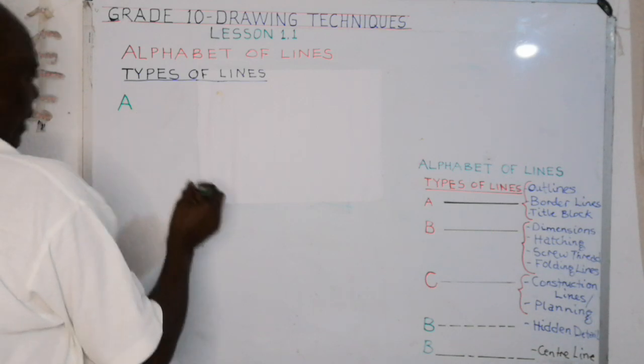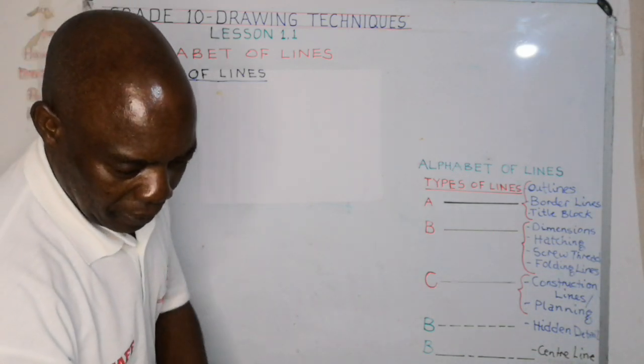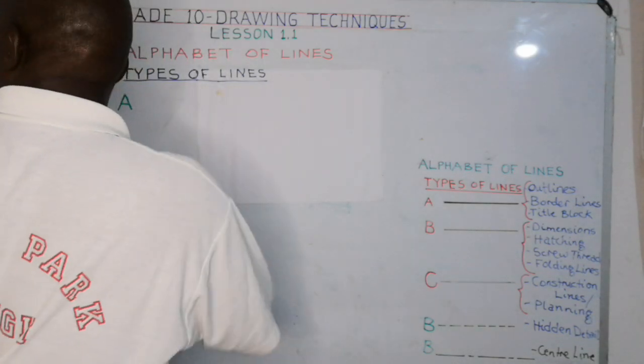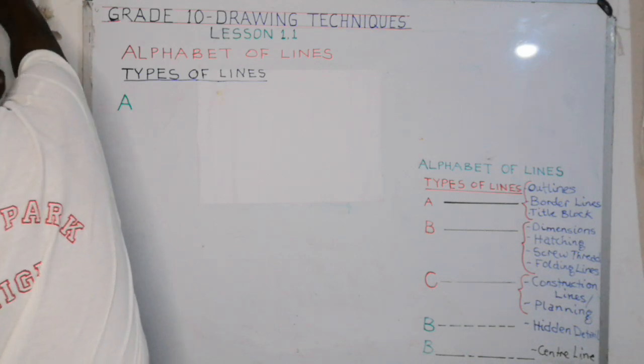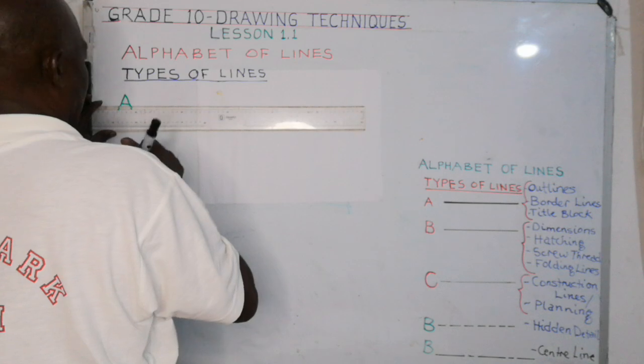Let me draw that line. I'll use black as my outline. So let me use the ruler for straightness. It's a continuous bold line like this.